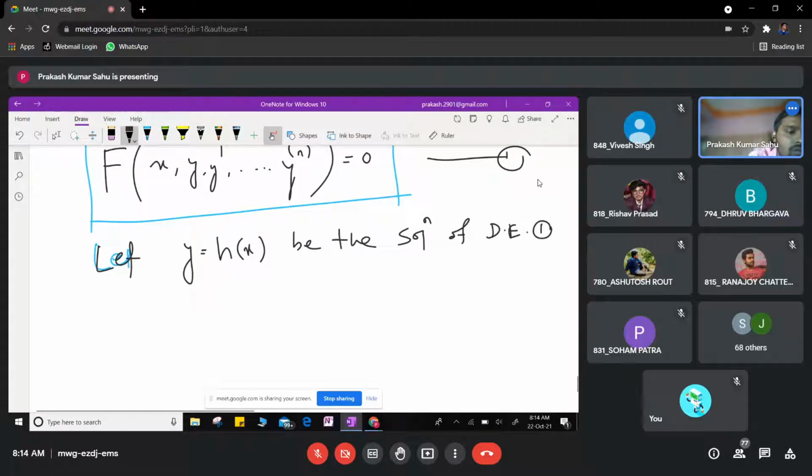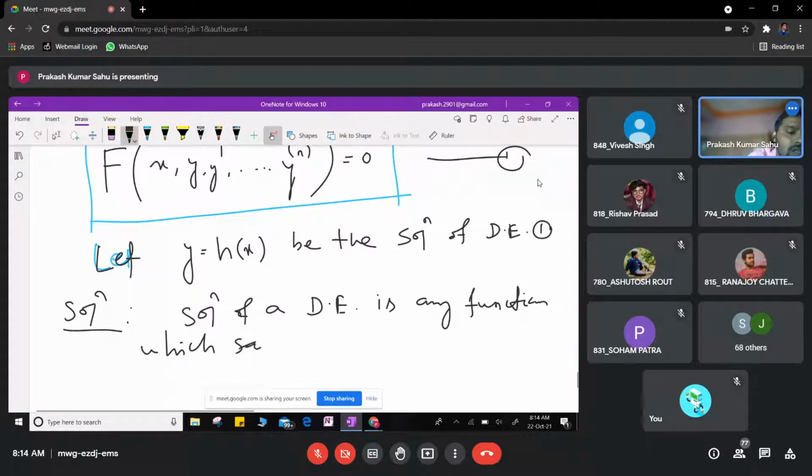So if you write the definition of the solution, you can say the solution of a differential equation is any function which satisfies the differential equation, that is, it reduces to an identity.